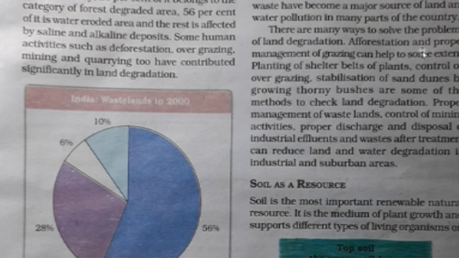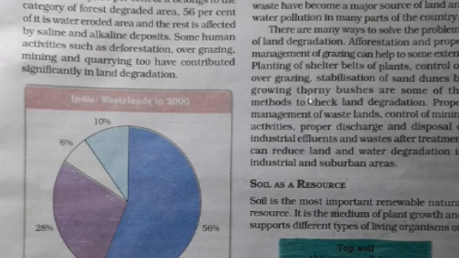Planting of shelter beds of plants, control of overgrazing, and stabilization of sand dunes by growing thorny bushes are some of the methods to check land degradation. Proper management of wastelands, control of mining activities, and proper discharge and disposal of industrial effluents and wastes after treatment can reduce land and water degradation in industrial and suburban areas.